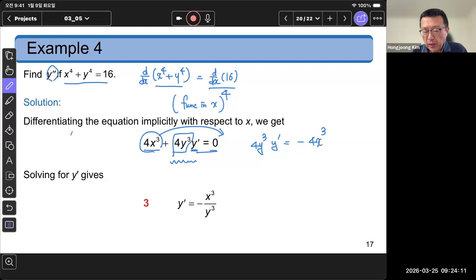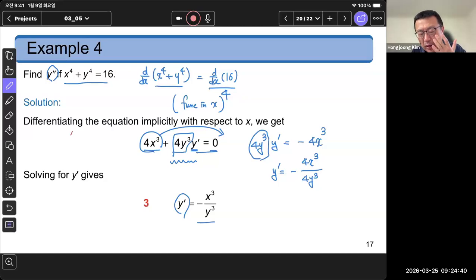If you divide this whole equation by the coefficient of y prime, then y prime will be negative 4x cubed divided by 4y cubed. After the cancellation of 4, you get the expression for y prime, which is negative x cubed over y cubed. Okay, so that is y prime.